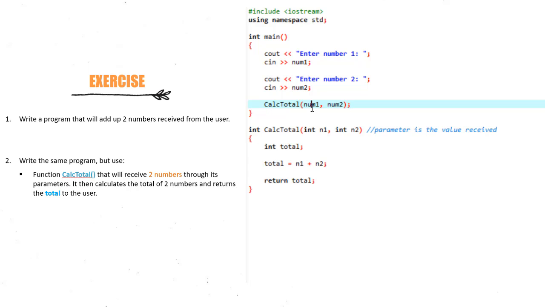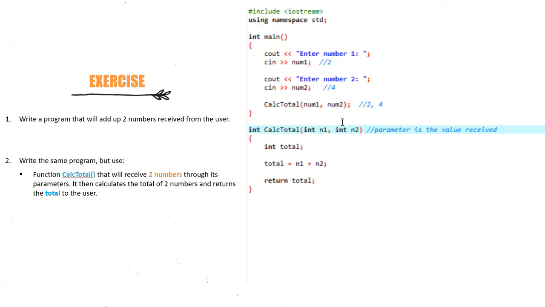So you're going to give num1. Let's say the user here enters 2, and then here the user enters 4. So num1 would be 2, and num2 would be 4.